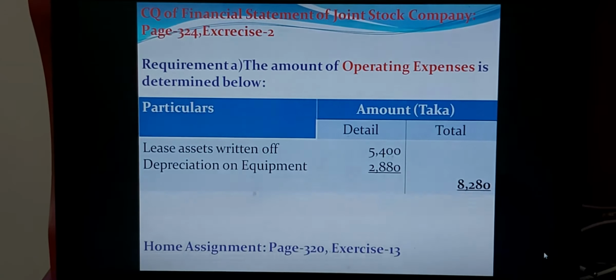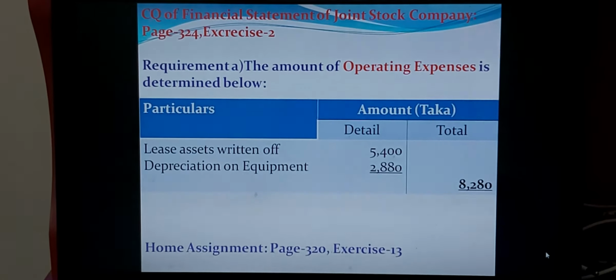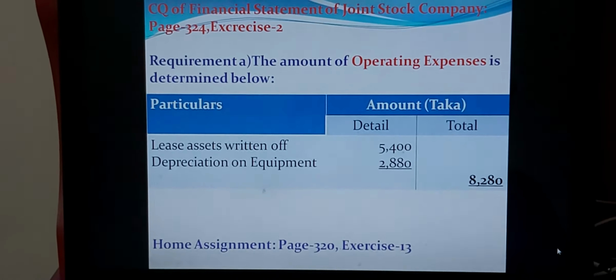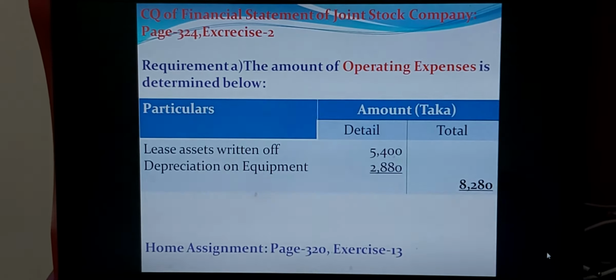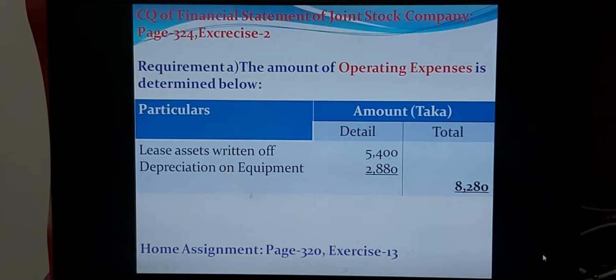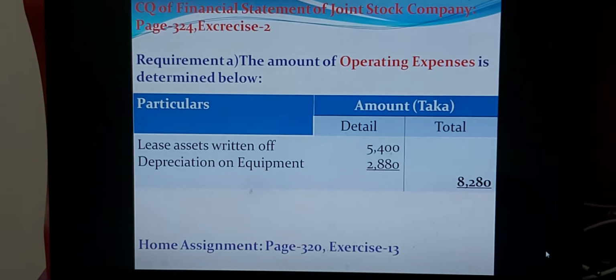In this creative question, very interesting matter that in trial balance, no temporary item, that is income or expense, is available.